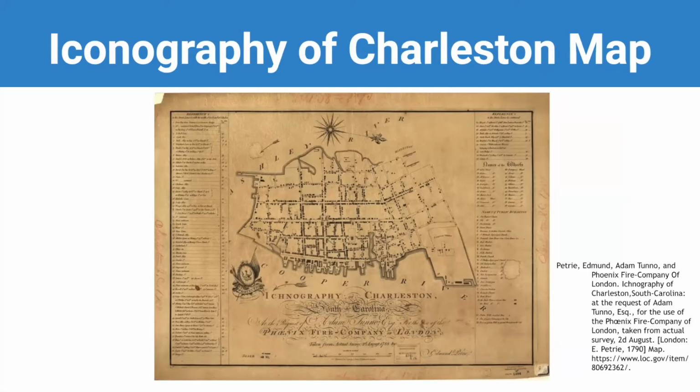After the Treaty of Paris in 1783, another London-based company called Phoenix Assurance Company commissioned a man named Edmund Petrie to create a fire insurance map for Charleston, South Carolina. The map you see here is based on Petrie's 1788 survey of Charleston, and it was published in 1790. Like I said, it's believed to be the oldest fire insurance map in existence.